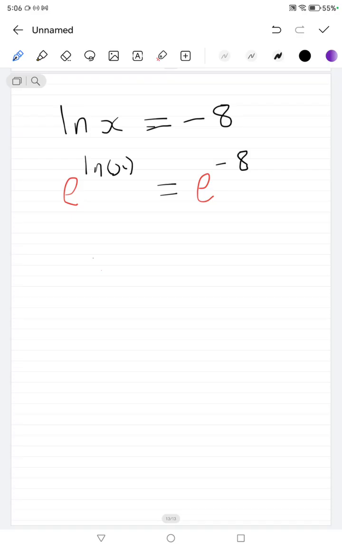So from this one, you'll just be left with your x. Then this side you're going to have your e to the exponent minus 8, because your e to the exponent ln of x, it still gives you something like 1.